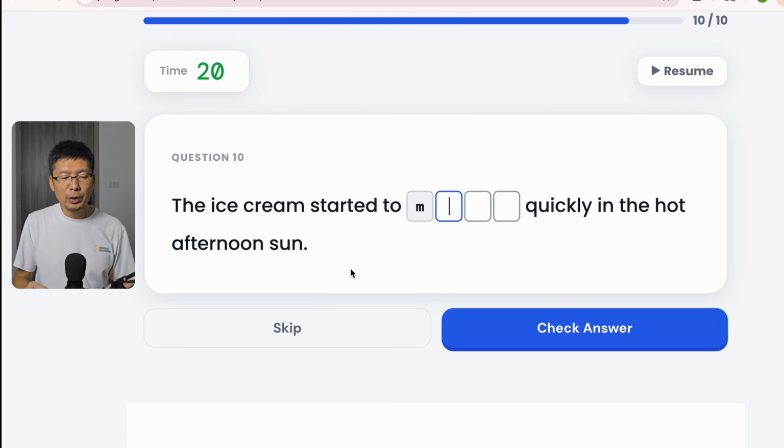The ice cream started to what quickly in the hot afternoon sun? It's about ice cream. And "started to do" is a verb. And in the hot sun, what's going to happen to the ice cream? Now you have 3 seconds to think about it.